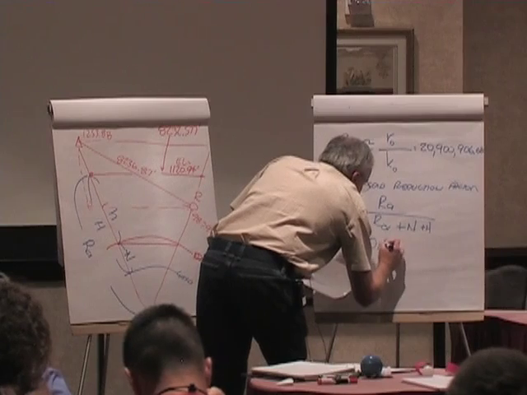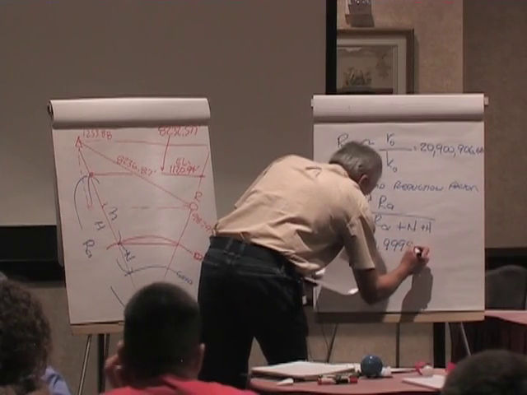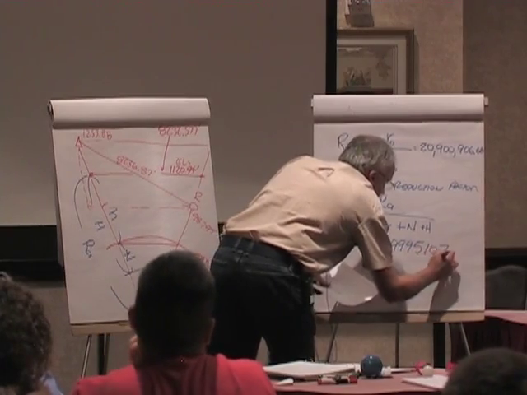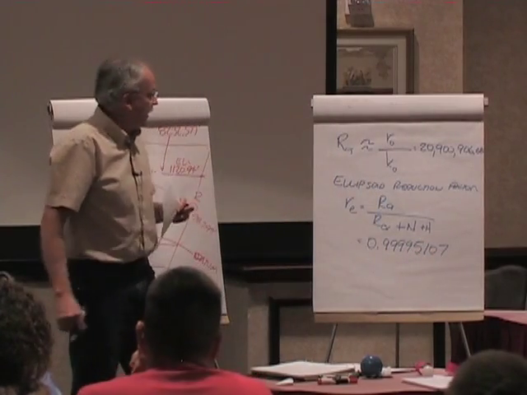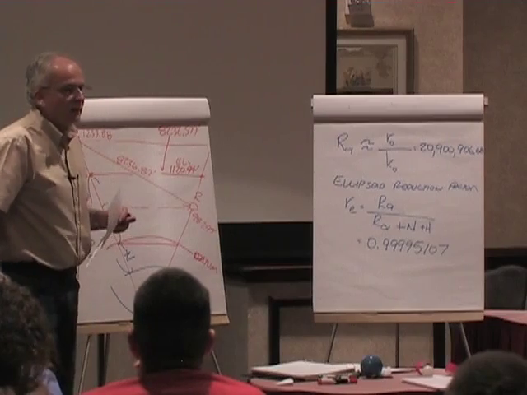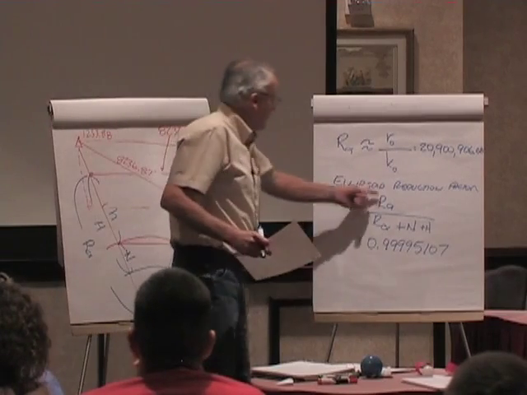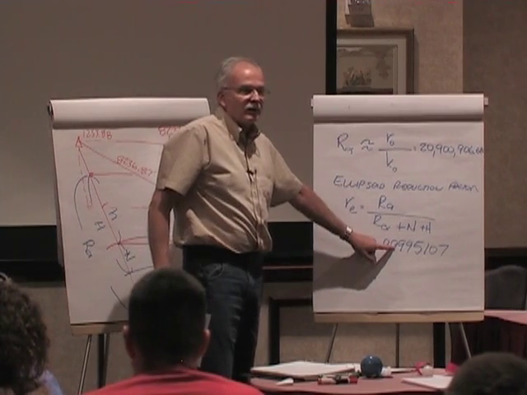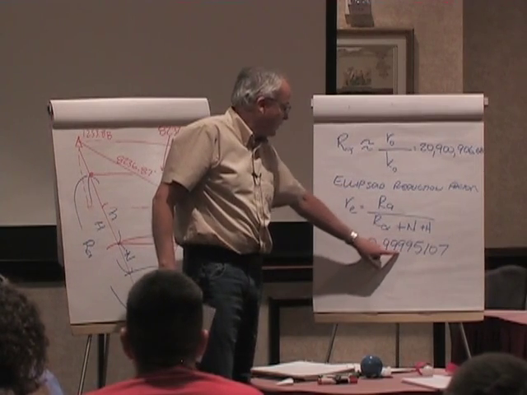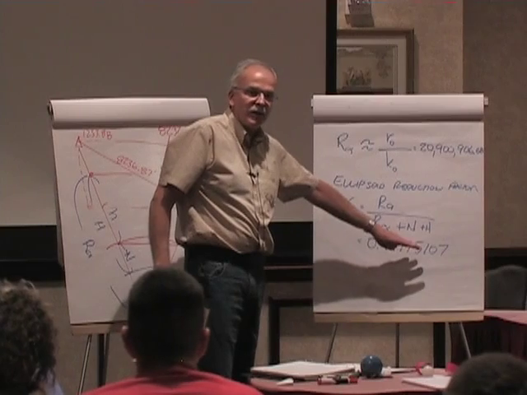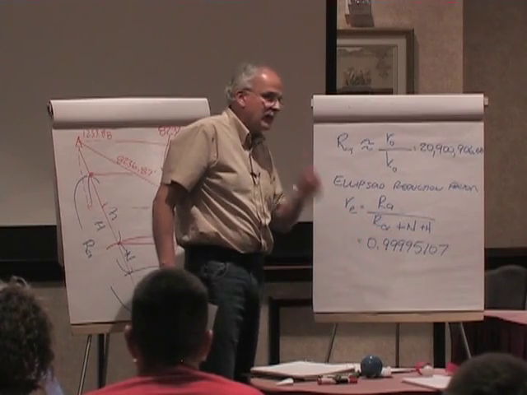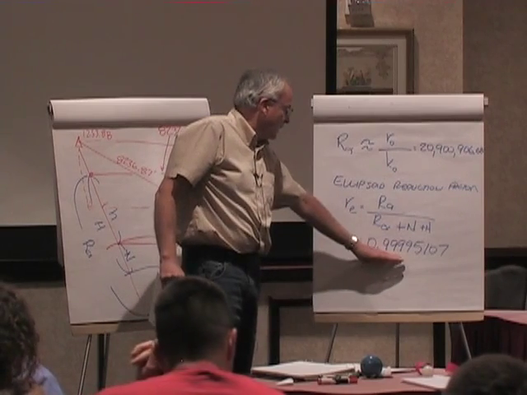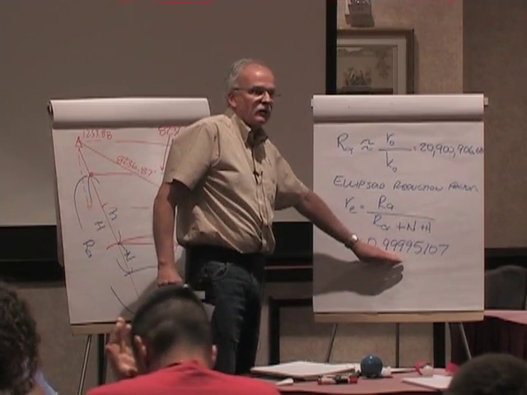You get 0.99995107. If you do the math here and you get 0.537, something's wrong. It's always going to be probably 3 nines, maybe 4, and some numbers. Take it out to 8 decimal places. That's common practice. But it's going to be something very, very close to 1.